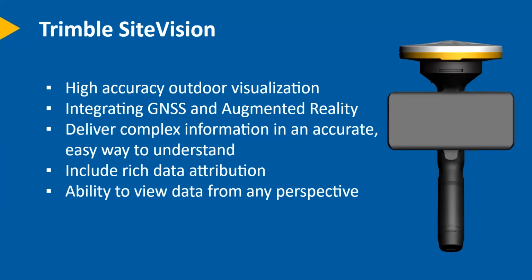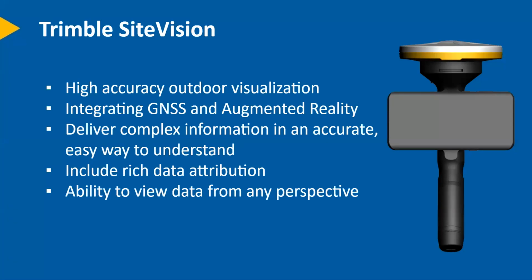It is designed for high accuracy outdoor visualization using GNSS as an augment to that, to allow a georeferenced model to be automatically and very accurately placed into the real world, with the main goal to be able to deliver very complex information in a highly accurate and easily digestible, easy to understand fashion.